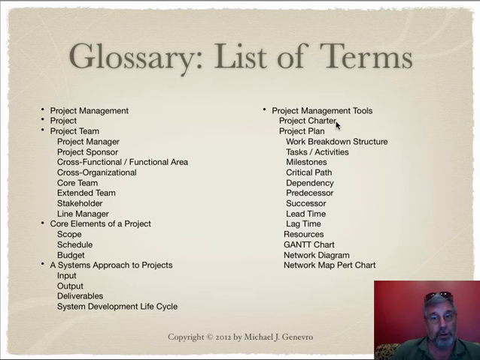We're going to look at a project charter, a basic scoping document, a basic summary of what it is you're going to do in the project, and then the project plan, which is really how you're going to do it. Project plans have a whole bunch of different components, and we're going to look at some of those basic components and how they are tools that can help you as a project manager in doing your work.